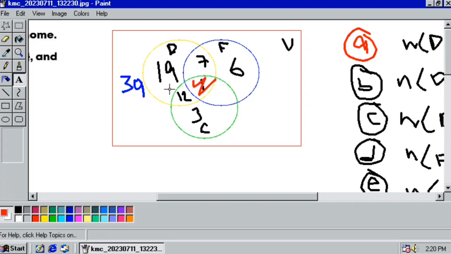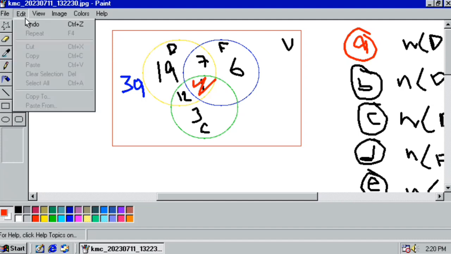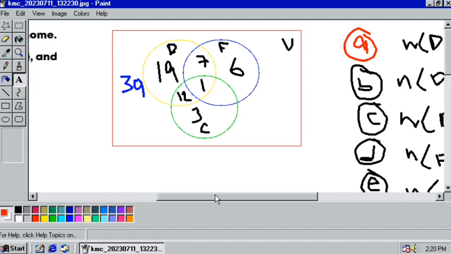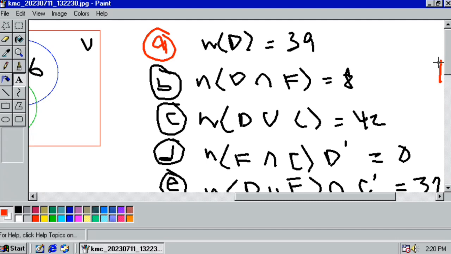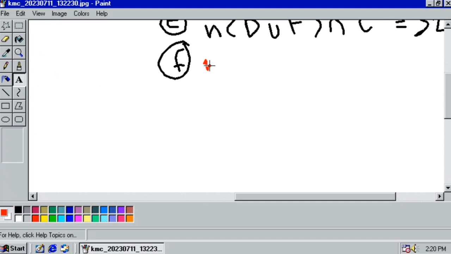So that is the intersection of three sets. So our intersection is 1. So basically the number of D intersection F intersection C is 1.